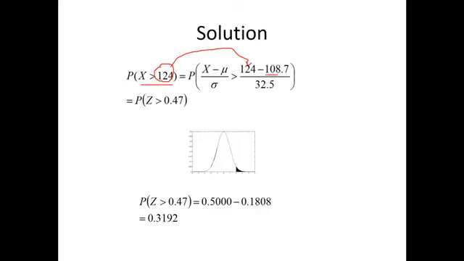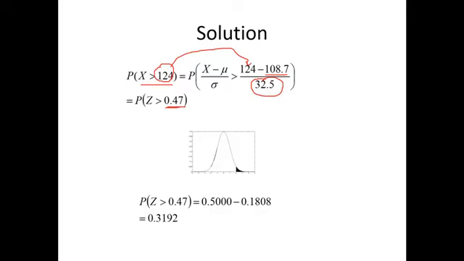This 108.7 comes from the fact we've established my data has a mean of 108.7, and we divide by 32.5 because we have established that I have a standard deviation of 32.5. I do the math and I round this off to 2 decimal places.